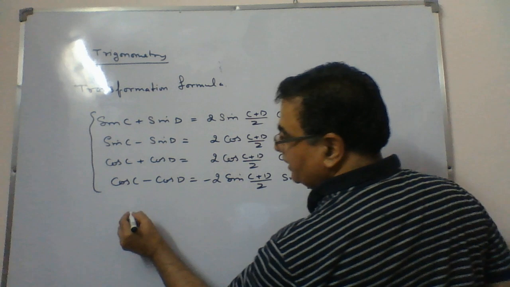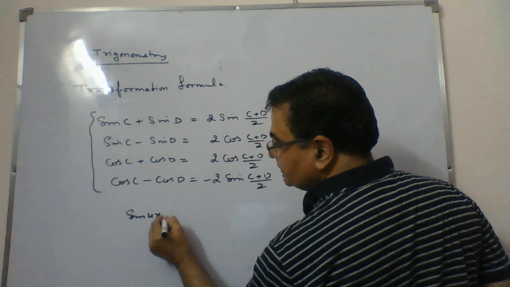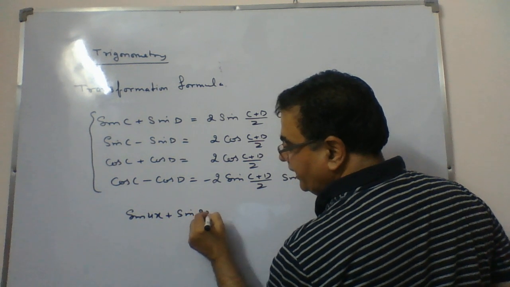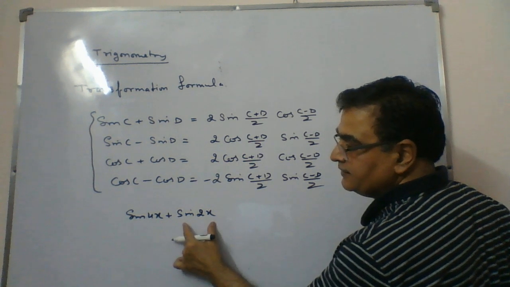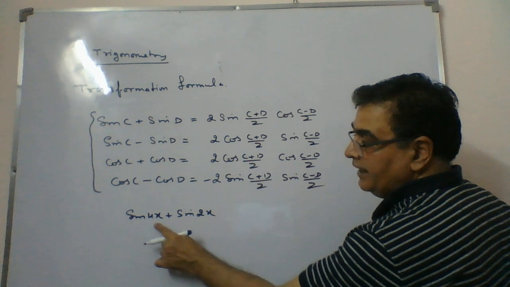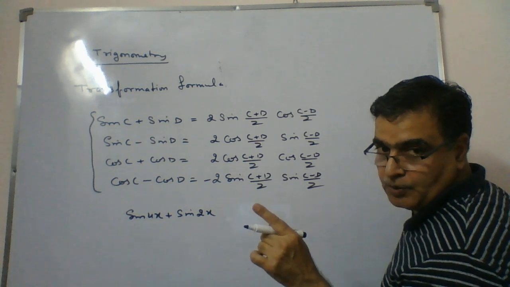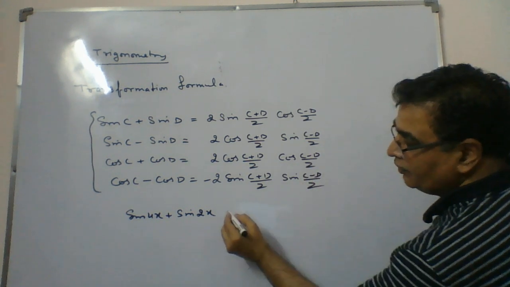A simple question I am taking now: sine 4x plus sine 2x. Sine c plus sine d. Sine and sine with plus in between, so the sine formula's first term. What will it come?